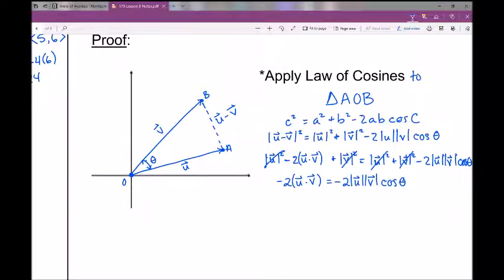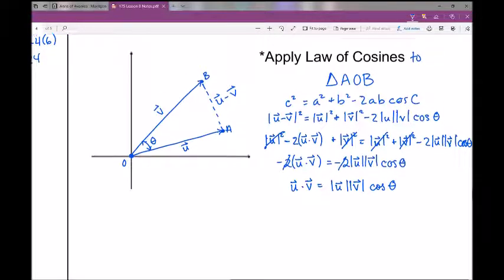If we divide both sides by negative 2, we're just left with u dot v is equal to the magnitude of u times the magnitude of v times the cosine of the angle between them. So that is why this formula works. It's all based on law of cosines and geometry.